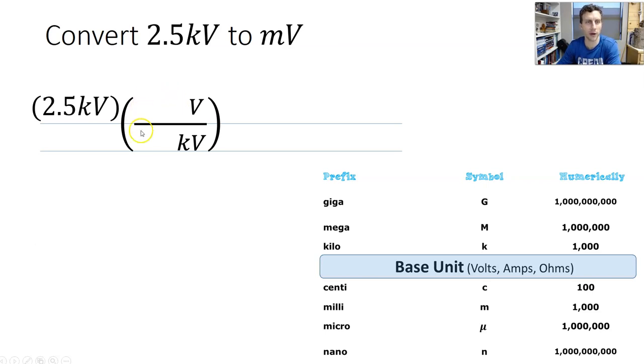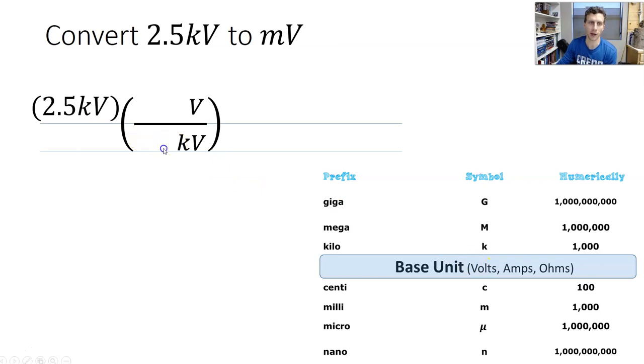But now I want to figure out which number should go in here. What I do is think about which one is bigger, kilovolts or volts. Kilovolts are up here, volts are down here, and whatever one is higher is bigger. So kilovolts are bigger than volts, just like kilometers are bigger than meters.